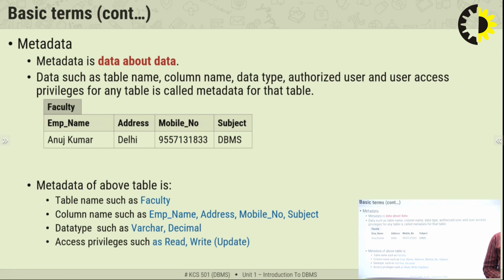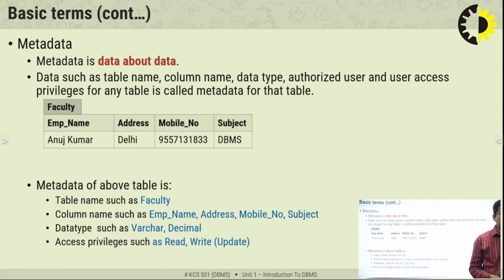Consider the following example of a relation faculty. This relation has the following attributes: employee name, address, mobile number, and subject. A row has been inserted here which consists of the following entries: Anuj Kumar, Delhi, mobile number, and subject DBMS.